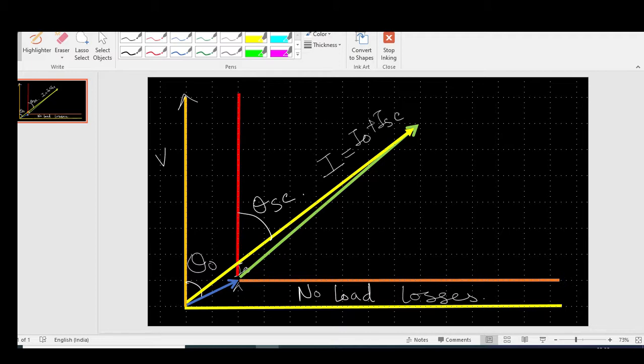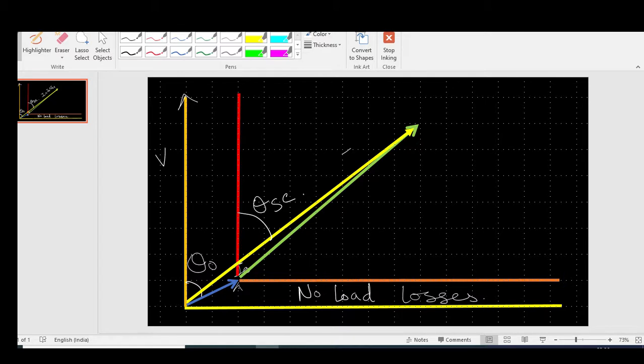But this is what we can consider, that this is the maximum amount of current. This I naught is required to cater to the no load losses. Otherwise, if I naught is not there, no one will cater to the no load losses.